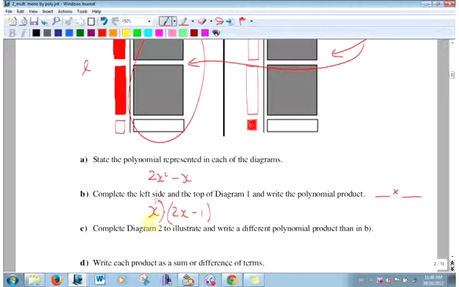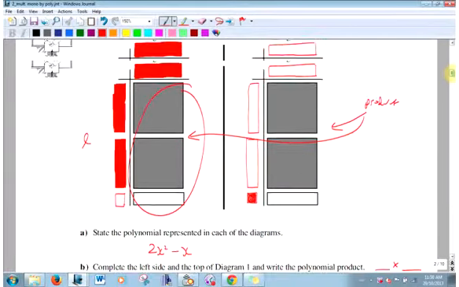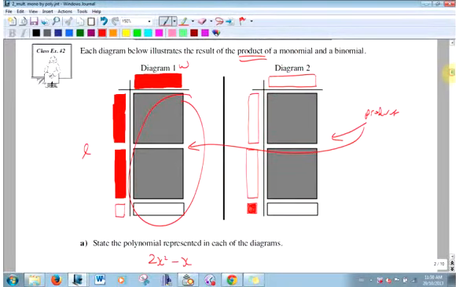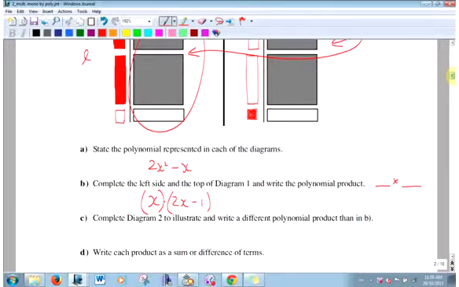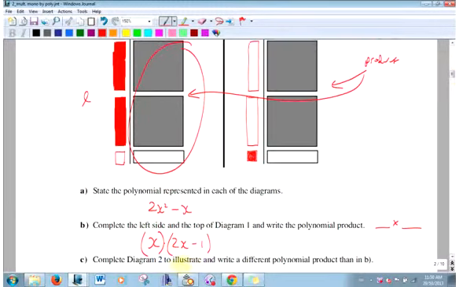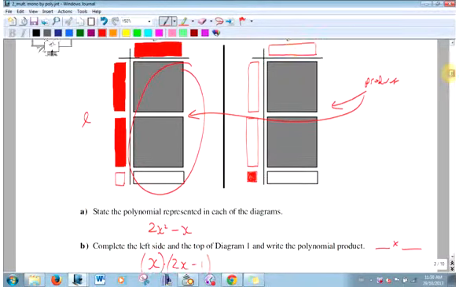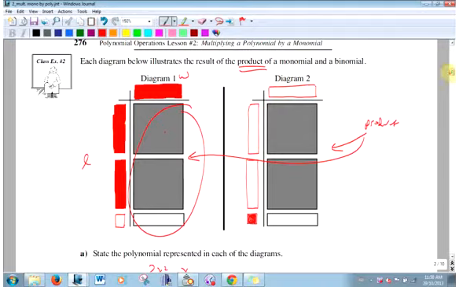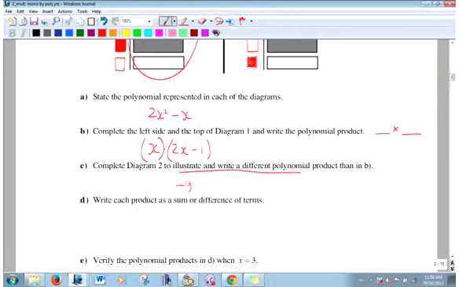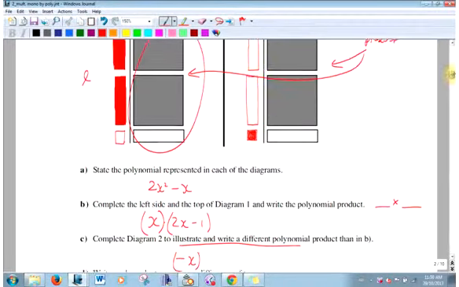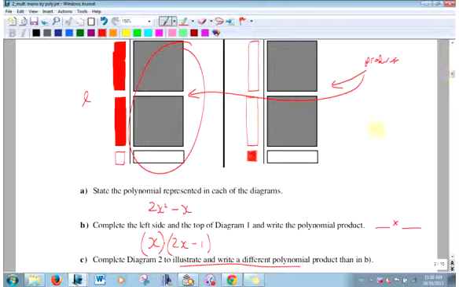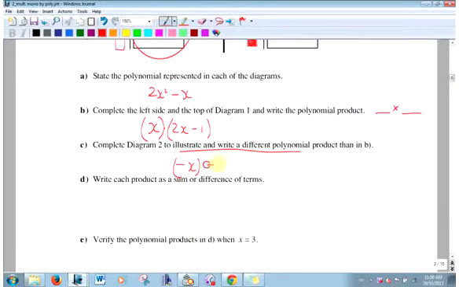Actually, let's bracket both. Why not? That's what I had there. But there was another option, wasn't there? If I do this on the right, complete diagram 2 and write a different polynomial. Negative x times negative 2x plus 1. I got the same thing.